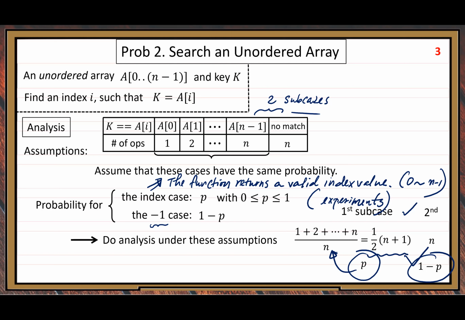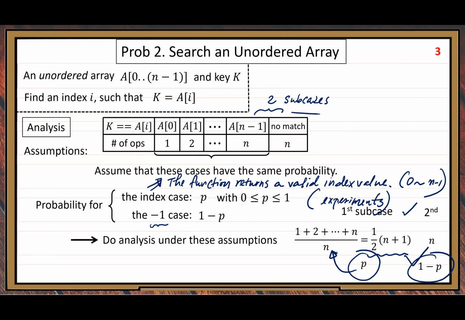So that's the simple observation. Then when we put them together, we need to factor in their appropriate contribution percentage.